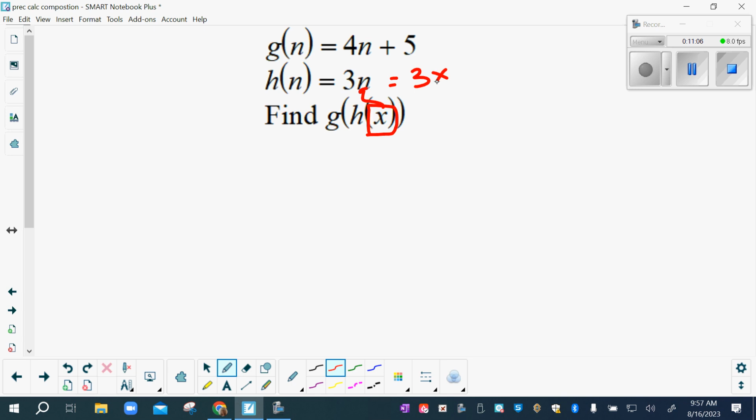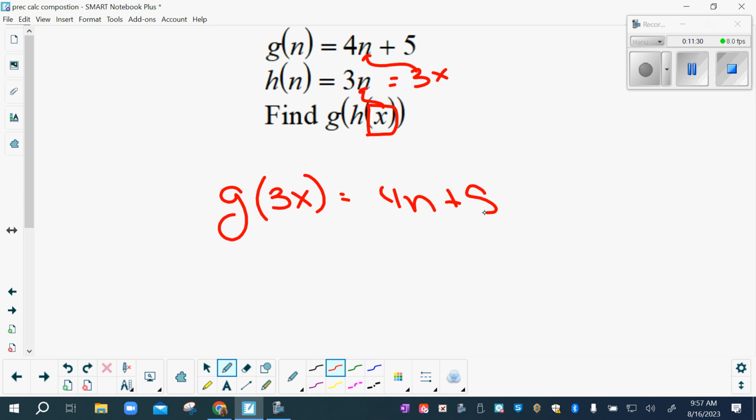And now the domain, or the range of the second one, the first one, now we're going to pop it into here. Remember, we're popping out N and putting in the new one. For those who want to see it a little clearer, what we're doing is this. G of 3x equals 4n plus 5.